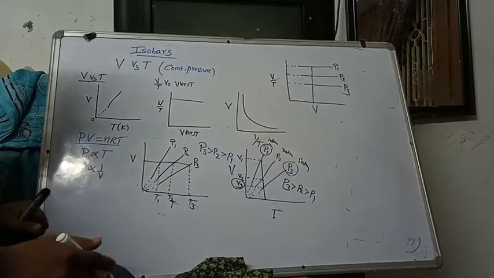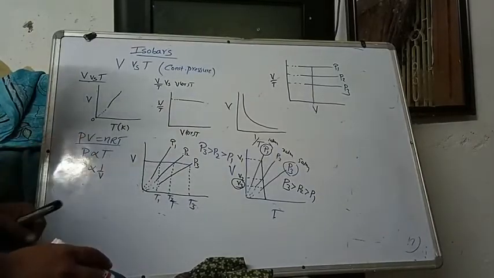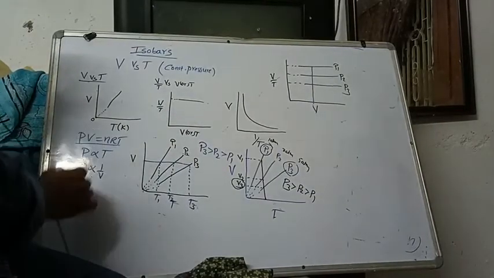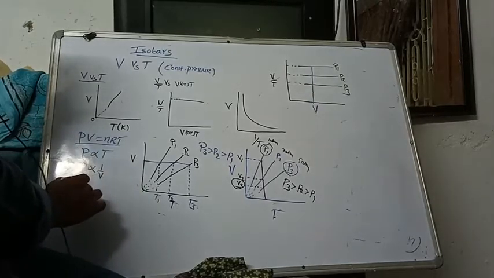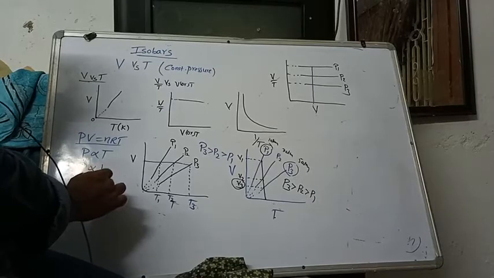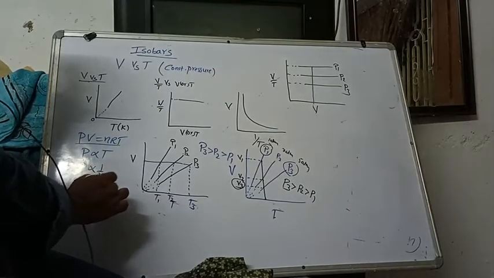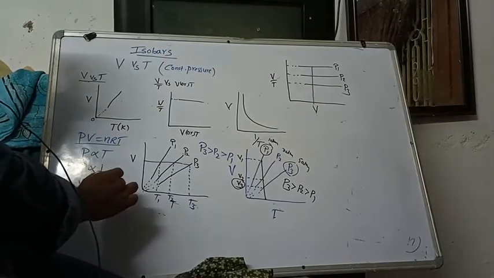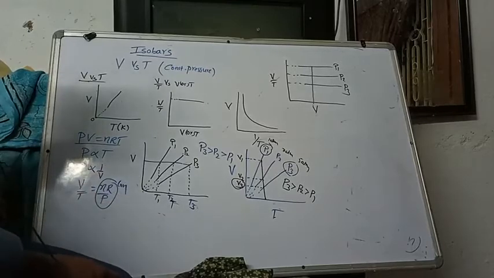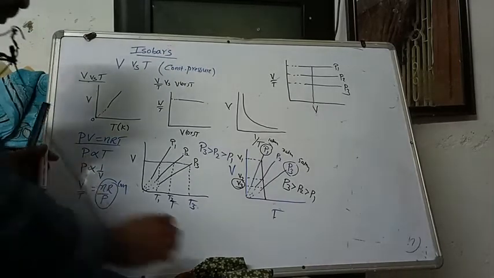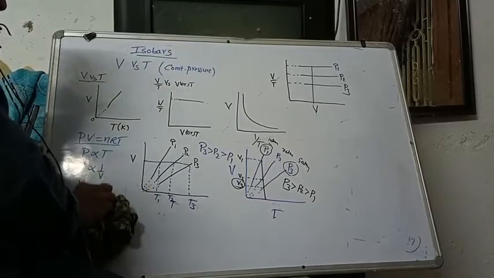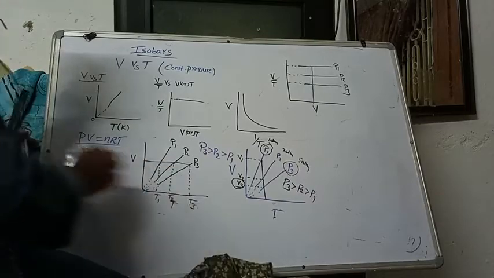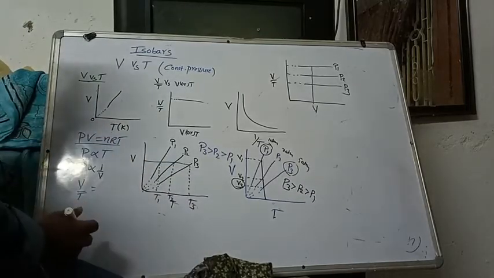See that by using this relation V by T, the remaining terms nR by P will be taken as constant. Okay, we have to explain with pressure.